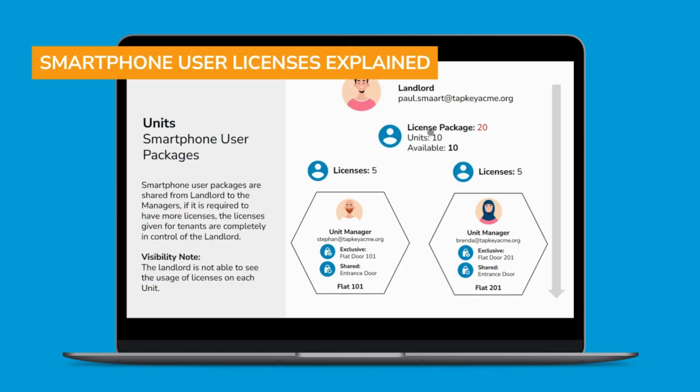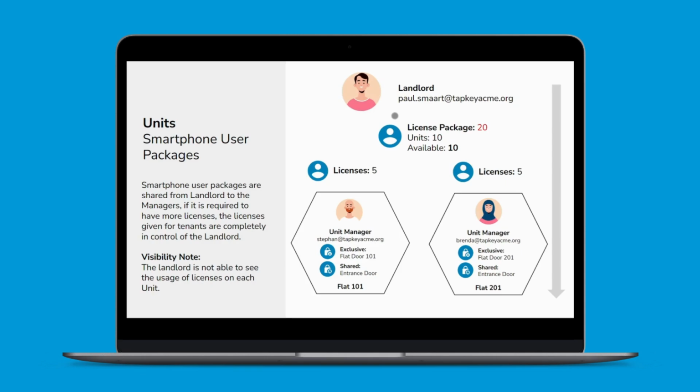Also, the license package is exclusively assigned from top to bottom. The landlord is the one that has all of the management control around the license package on each one of the units. So the landlord is the one making the decision if one unit has a certain amount of licenses, and the extension of the packages for a smartphone user contingent should always happen through the landlord.